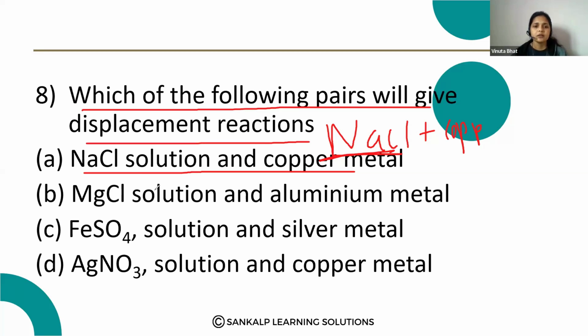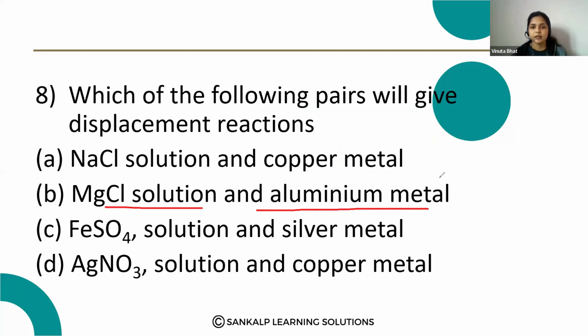Magnesium chloride solution and aluminum metal. Magnesium is more reactive than aluminum, so magnesium displacement by aluminum is not possible.